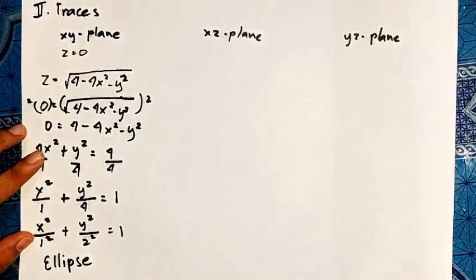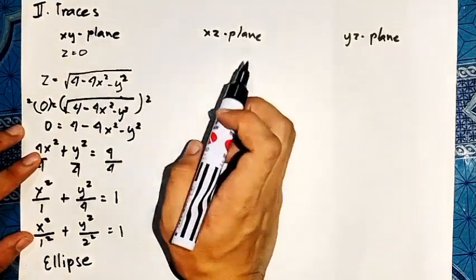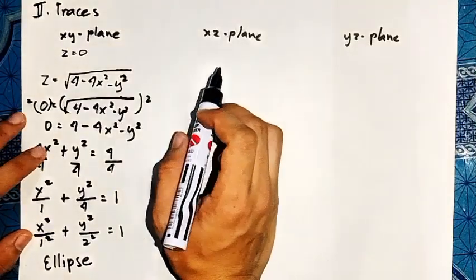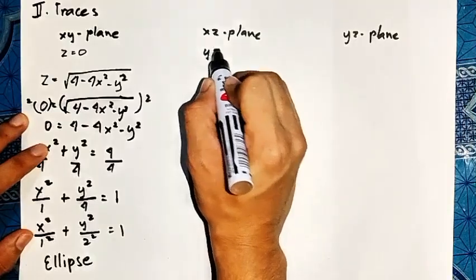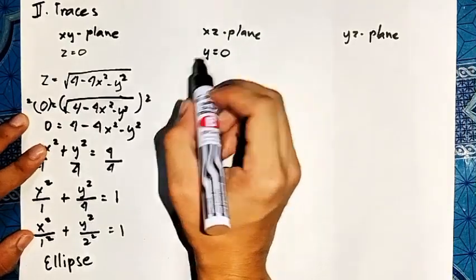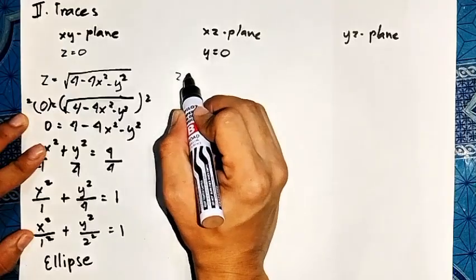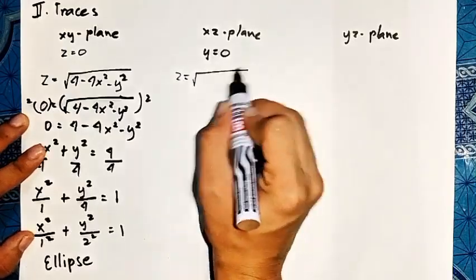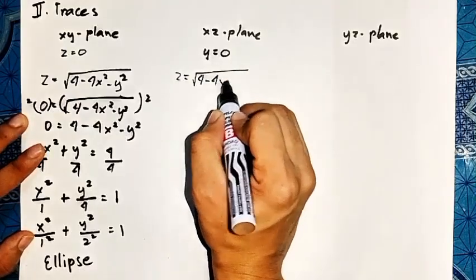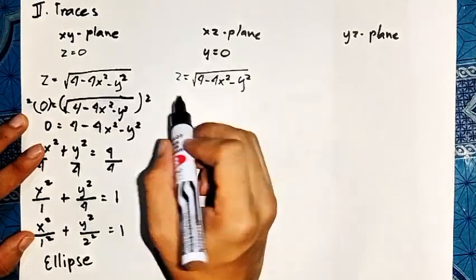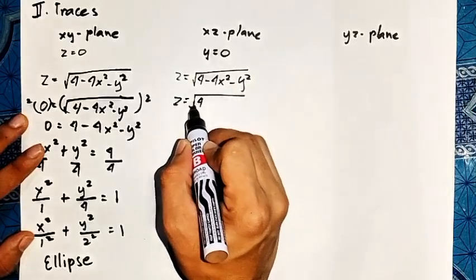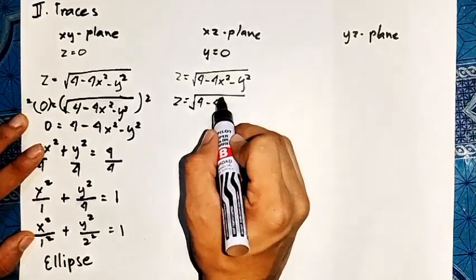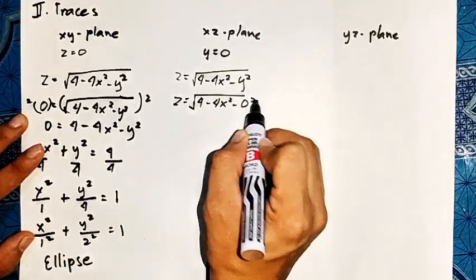Now, how about in the xz plane? In the xz plane, we will let y is equal to 0. Copy again our function: z is equal to the square root of 4 minus 4x squared minus y squared. So z is equal to the square root of 4 minus 4x squared minus 0 squared.